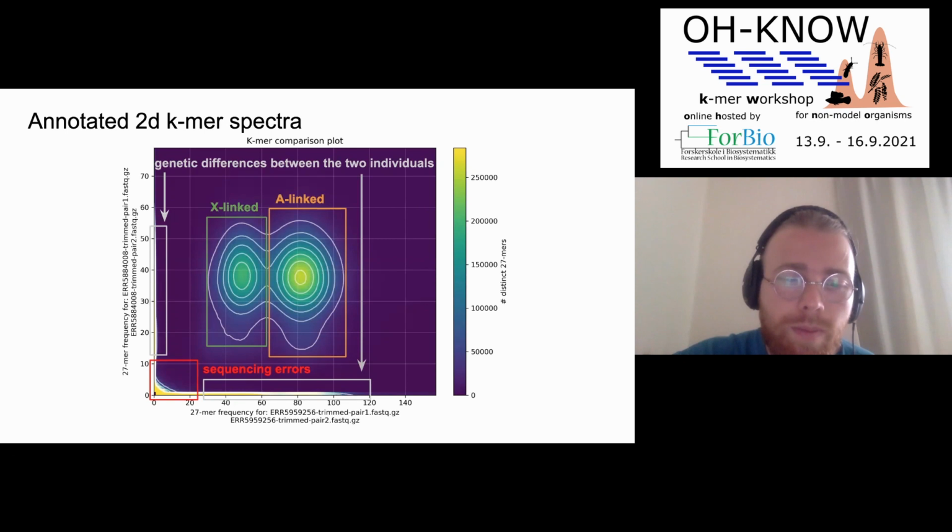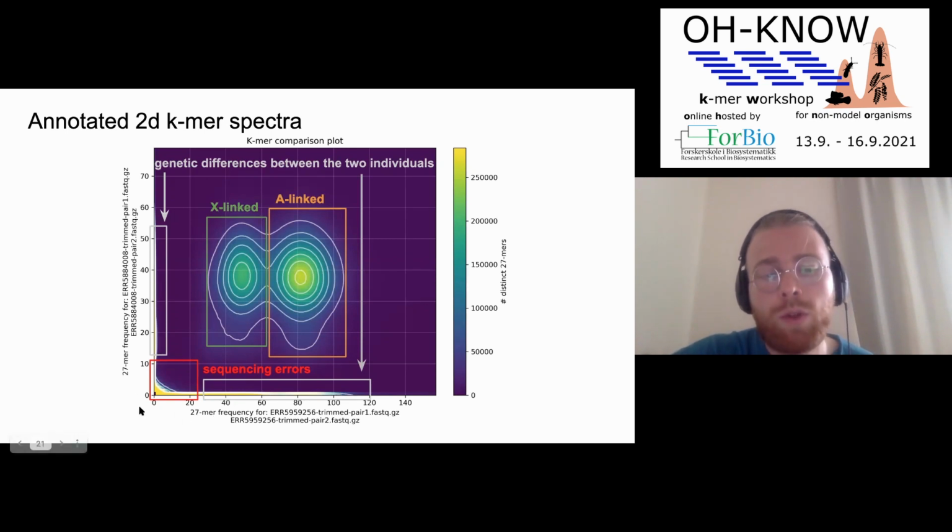Then I have this red square over here, which will be mostly the sequencing errors, the k-mers that are in low coverage in both males and females. And then I will have lots of these k-mers, well, lots, it depends, that will be specific to individual libraries, which will be, in this case, only the genetic differences between the two individuals.